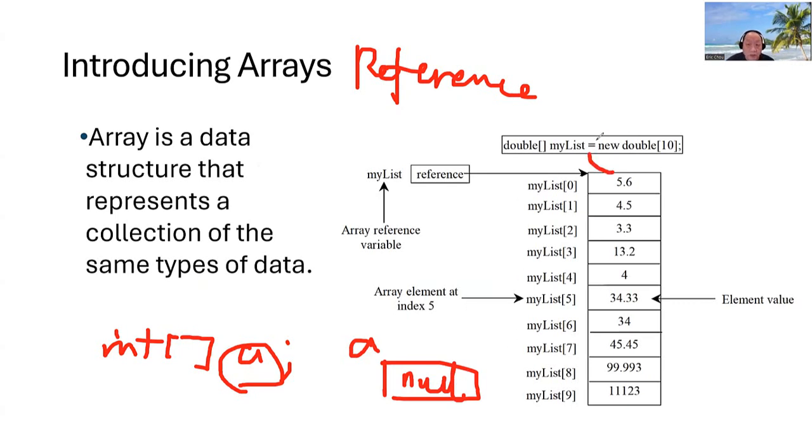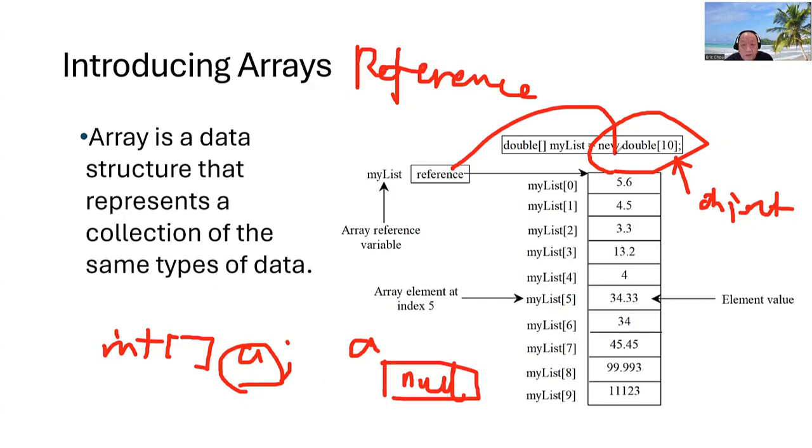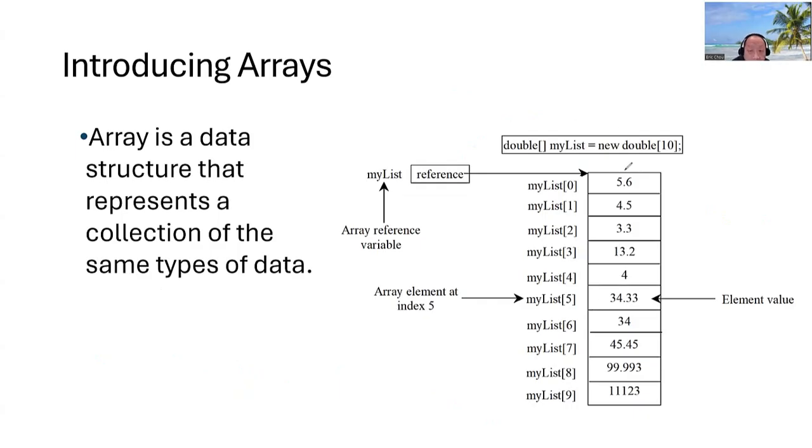Then you need to create a new array using new double. So this one is the array object. Array object gets a new double 10. That's 10 elements of double type. And then you are pointing the reference to the array. So that's the mechanism. And then you use the index to access the array.